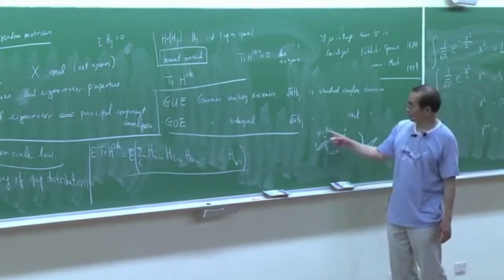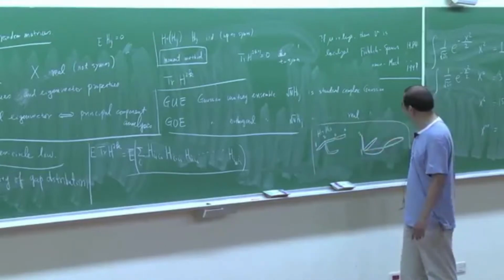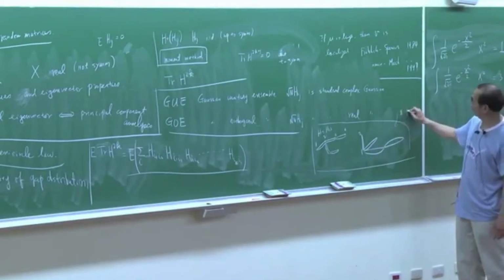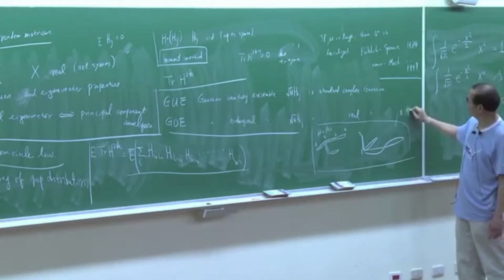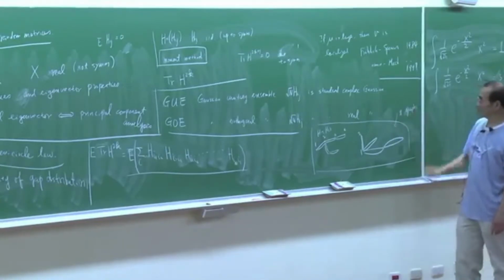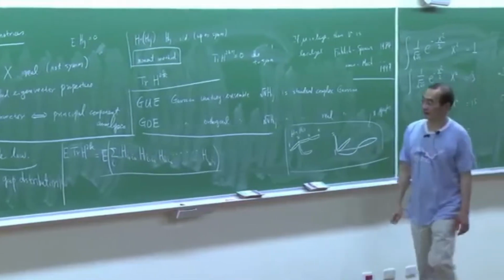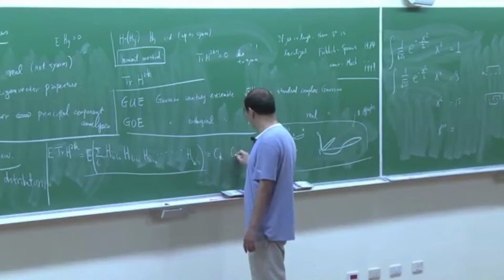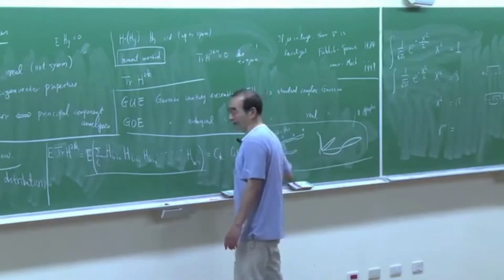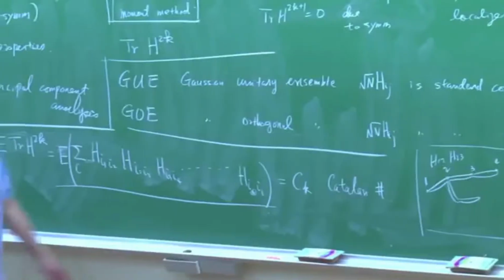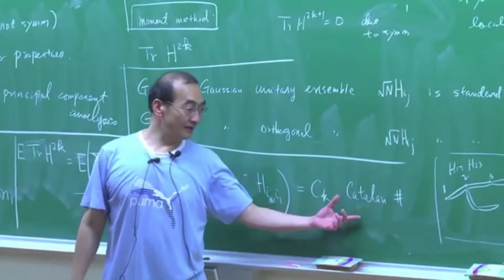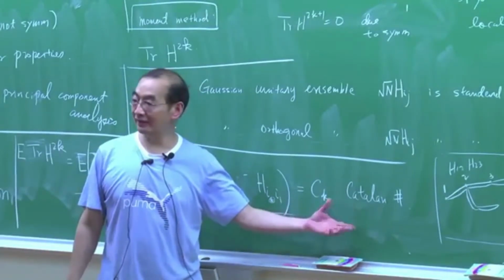So this kind of graph. If you check carefully, the number of these pairings is exactly the Catalan number. If you like combinatorics, you can go to Wikipedia and search for the Catalan number, which has more than 20 equivalent definitions.